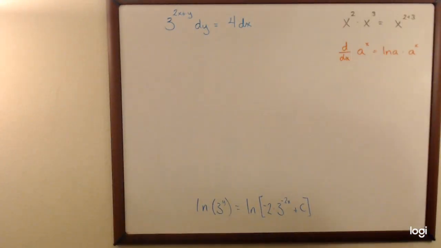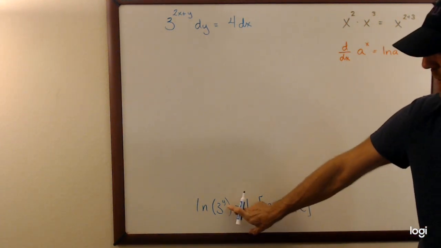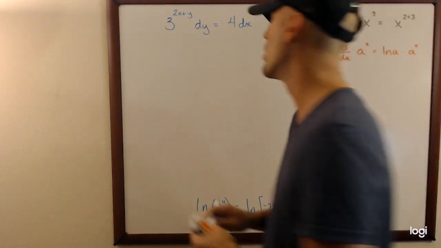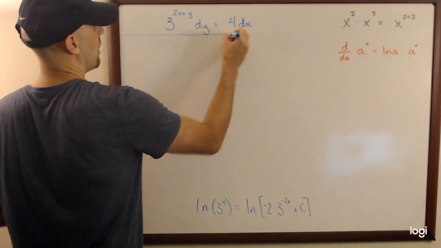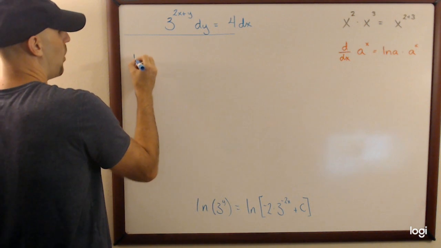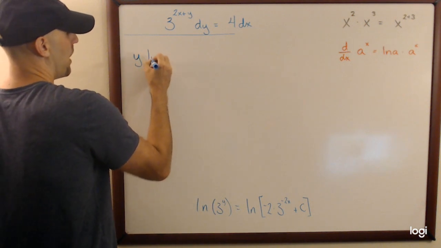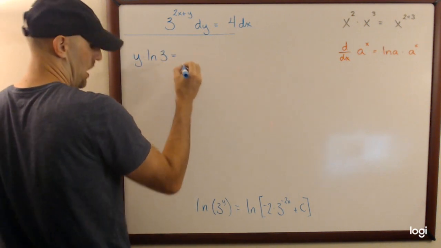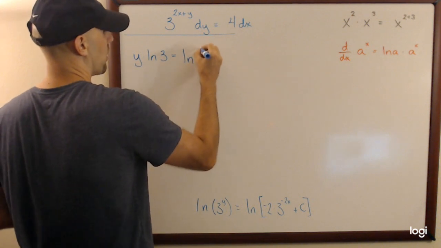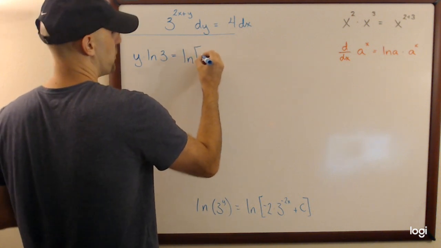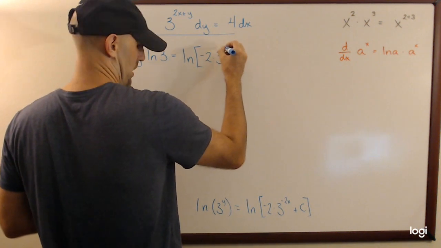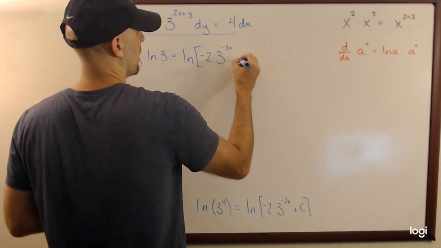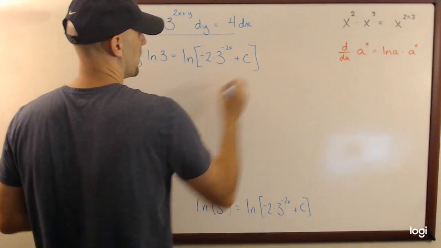In fact, the only reason why I did this is that for the left-hand side, I can rewrite that exponent as a coefficient. That gives me y times natural log of 3 is equal to the natural log of negative 2 times 3 to the negative 2x plus c.